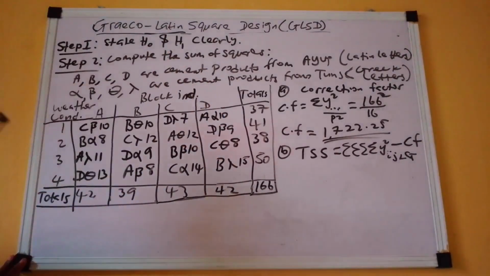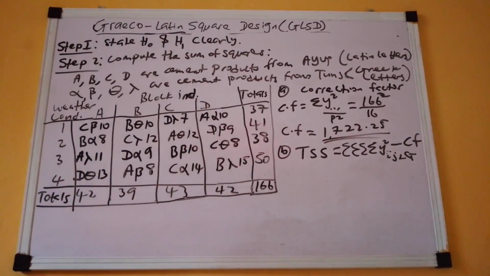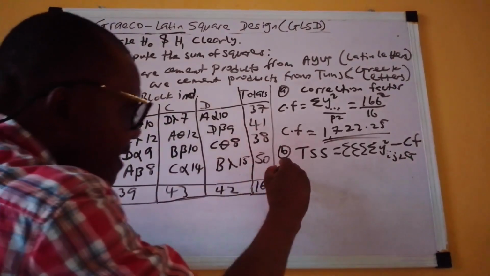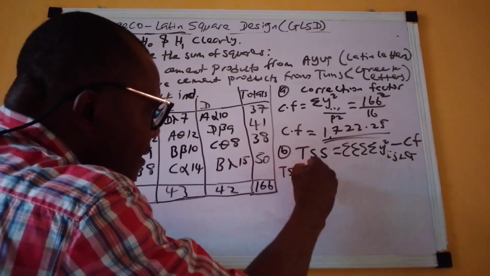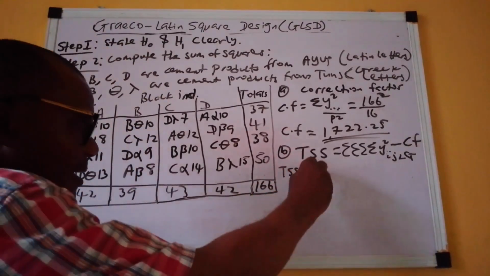So from the ith, each observation in the ith row to the jth column, receiving the lth treatment and the gth treatment. That is the Latin letter treatment and the Greek letter treatment. So our TSS will run across this.